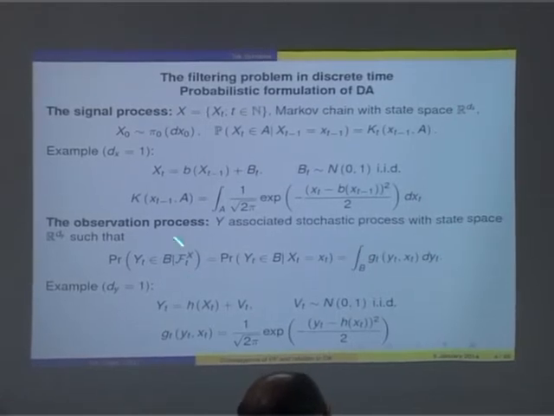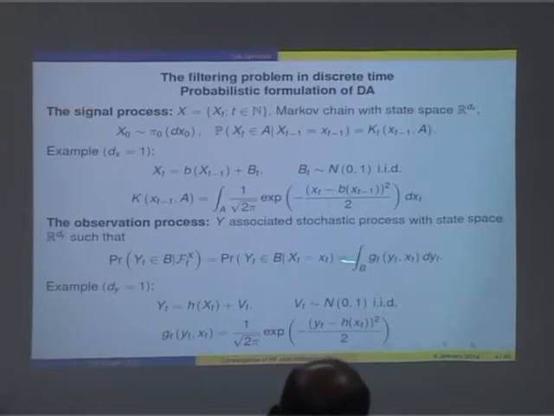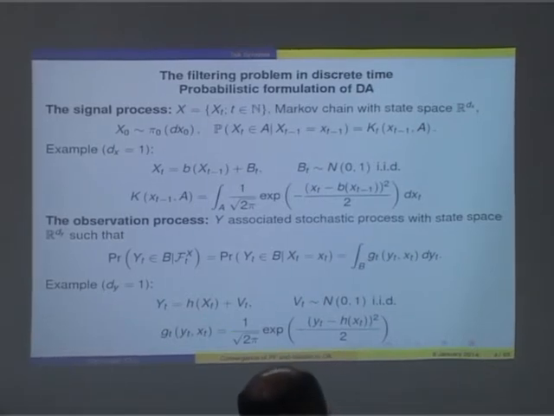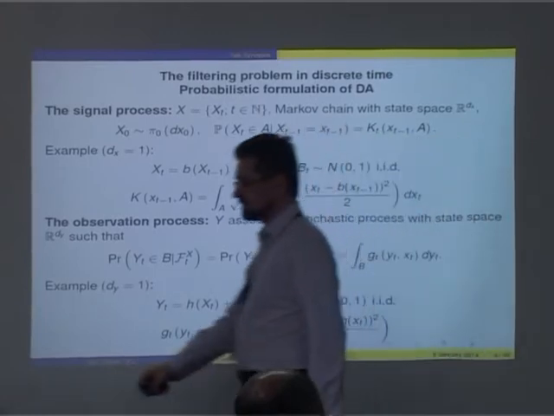Then I said that the observation process has the property that you can write down explicitly the law of y_t given the position of x_t, and I gave you again a simple example where I could write down explicitly what this density is.